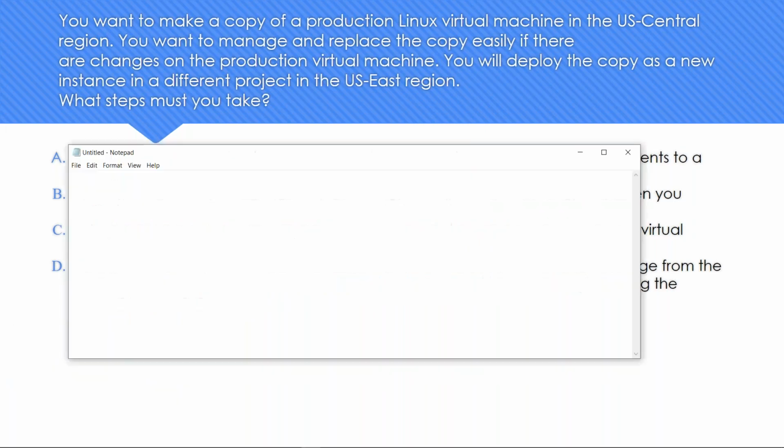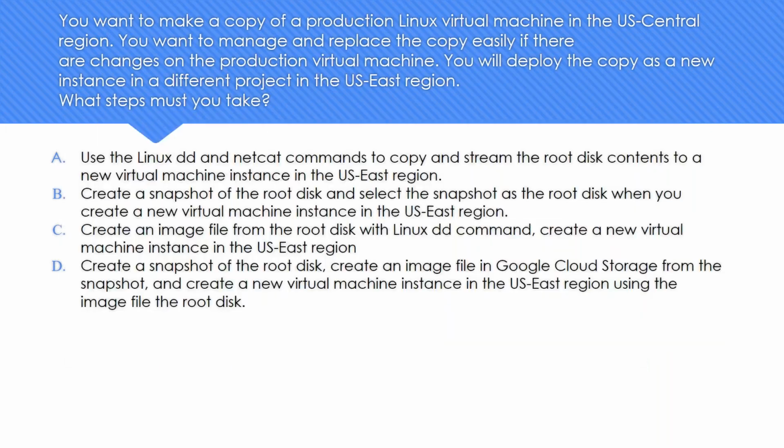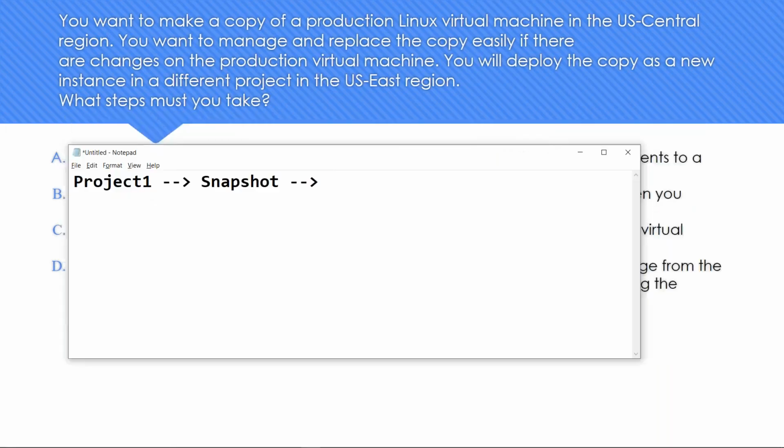Taking a longer route: project 1, snapshot, then use that snapshot and create an image from the snapshot, and export it to a GCS bucket.